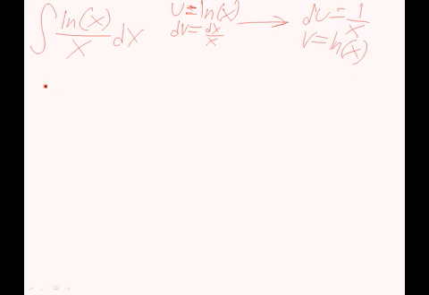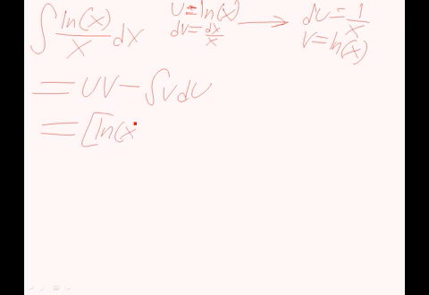So what happens when you do it this way now? Well, you'll have your uv minus, of course, integral v du. Your uv will be the natural logarithm of x squared.